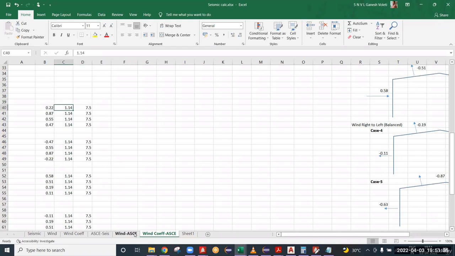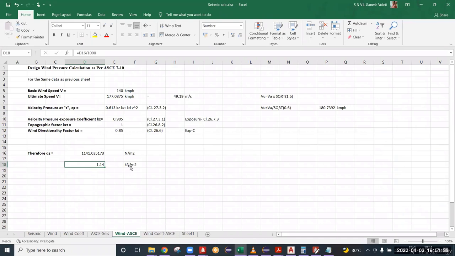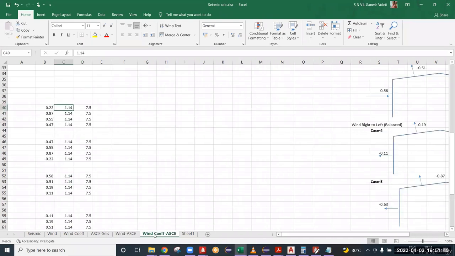What are the units of wind pressure? That is kilonewton per meter square. We have to apply the UDL on the column, so you have to multiply it with some length parameter, that is the tributary length here. What is the tributary length here? We have got 7.5. So we should not apply full wind pressure for all the components in a particular frame.